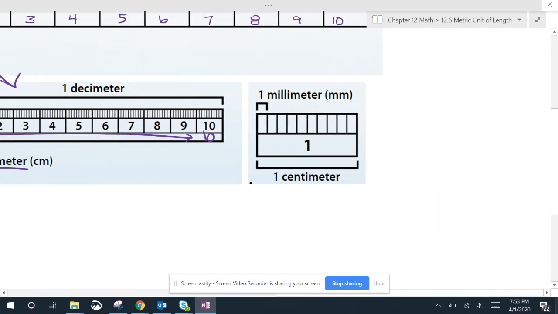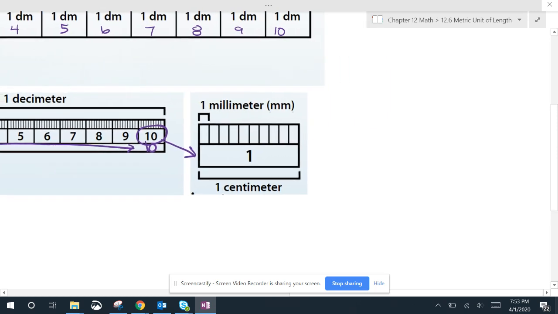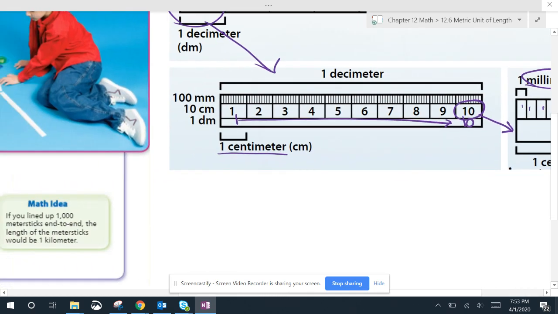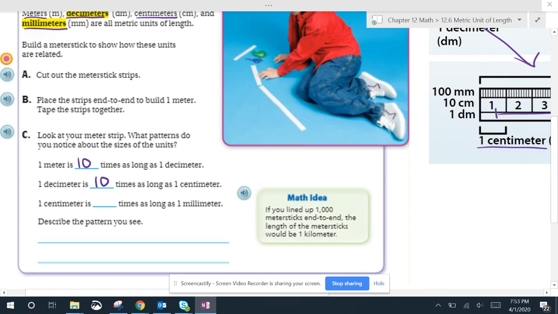Okay, and if we take that 1 centimeter and break it down even further, a centimeter is made up of millimeters. There are 1, 2, 3, 4, 5, 6, 7, 8, 9, 10 millimeters in 1 centimeter. So 1 centimeter is 10 times as long as 1 millimeter.